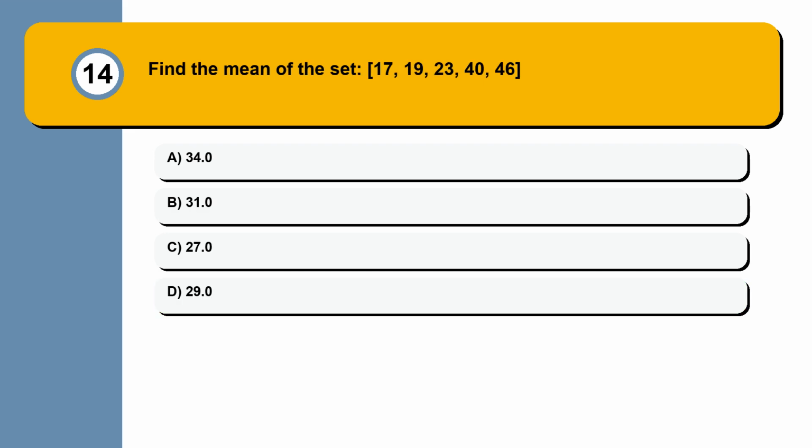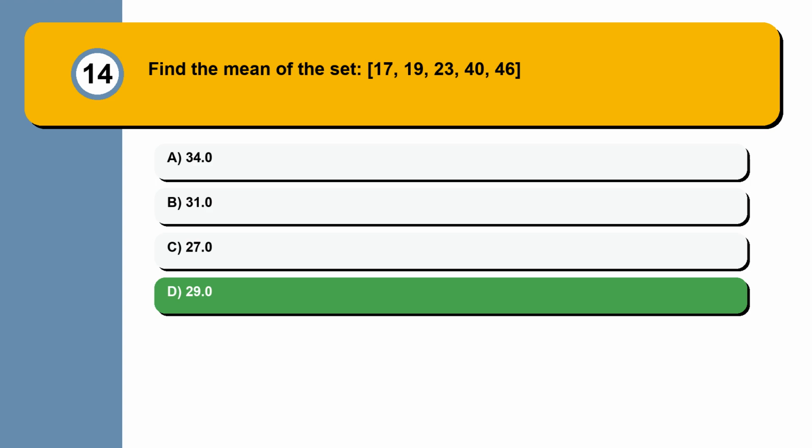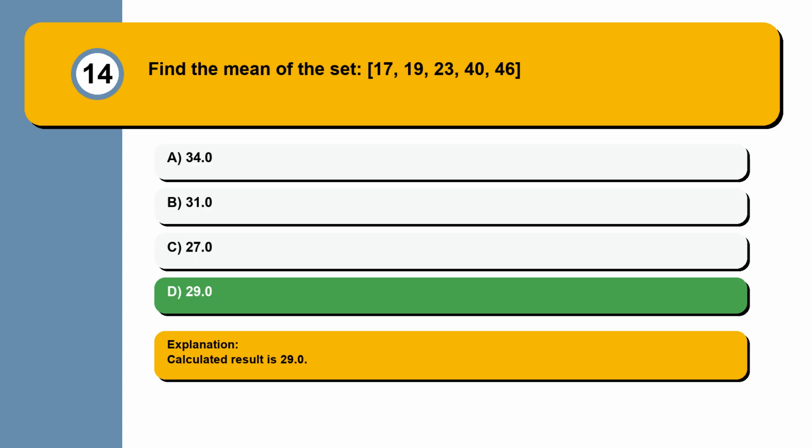Question 14. Find the mean of the set 17, 19, 23, 40, 46? 34.0, 31.0, 27.0, 29.0. Calculated result is 29.0. Question 15.